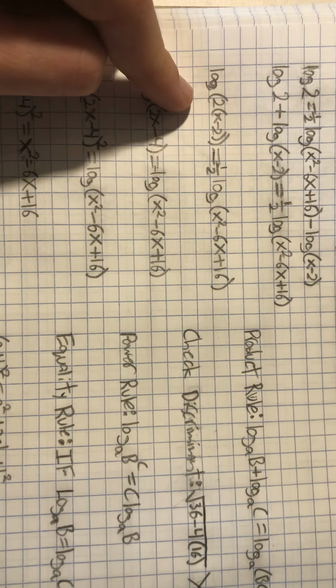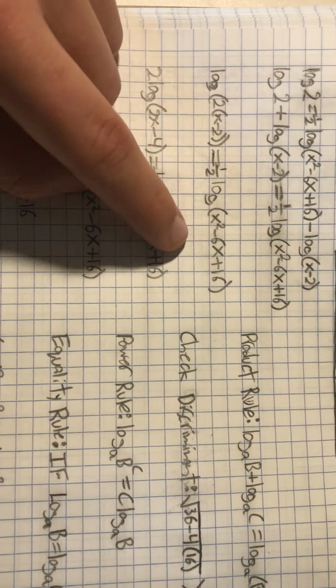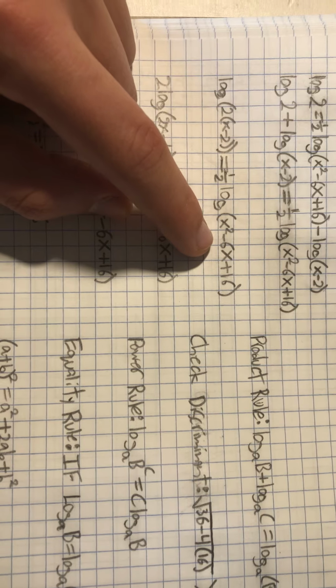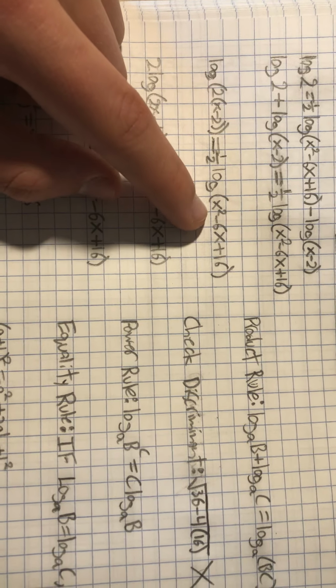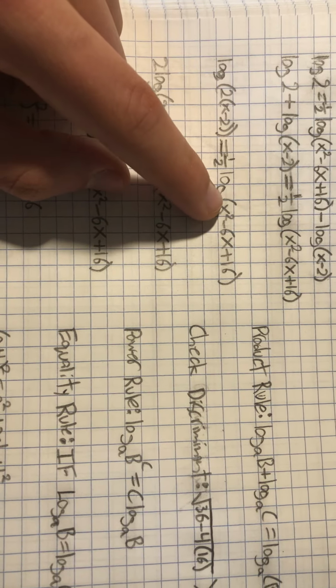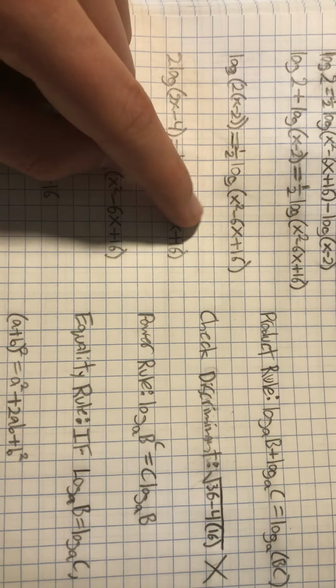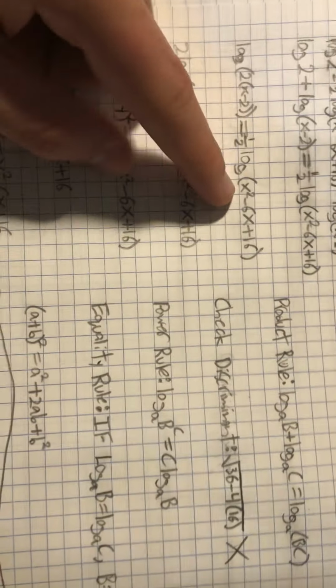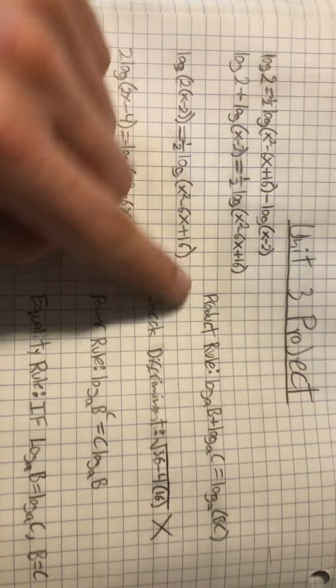So I have 2 log of 2 equals log of x squared minus 6x plus 16 minus log of x minus 2. Then I would have to do x squared minus 6x plus 16 divided by x minus 2, which would be a lot more work. So it's easier. You just need to know you can add. That's the biggest thing I could think you could mess up on.